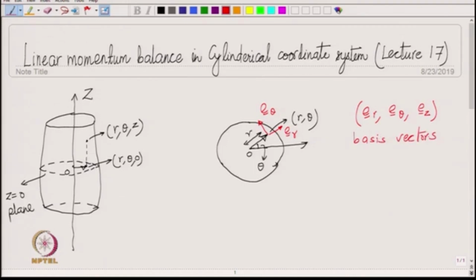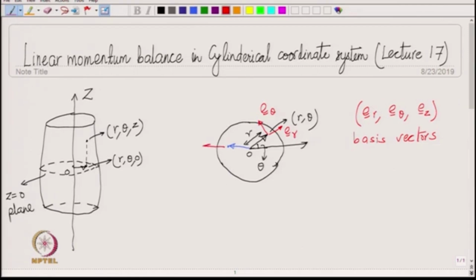Remember, in Cartesian coordinate system, the basis vectors are E1, E2, E3, and they are fixed. But you see here in the cylindrical coordinate system, the basis vectors are not fixed. They change from point to point. For example, think of a point over here and you join this line, then the E r and E theta associated with this point are different.